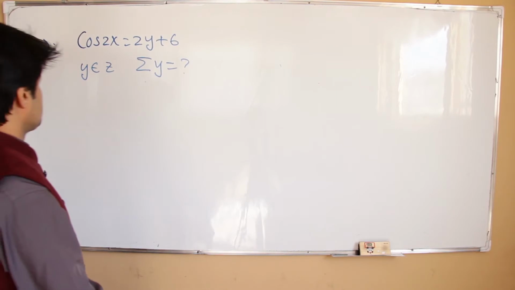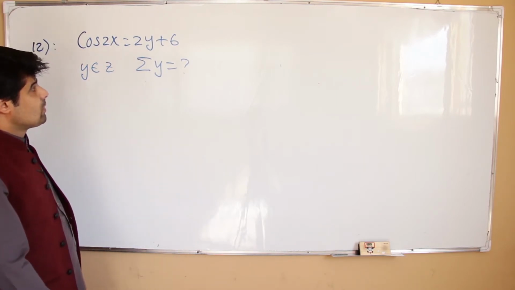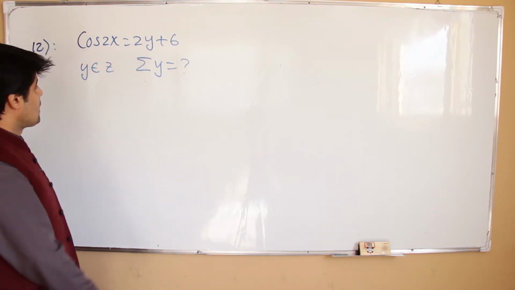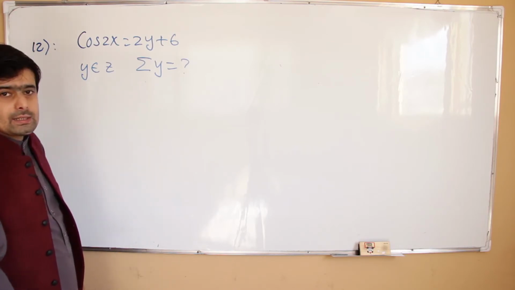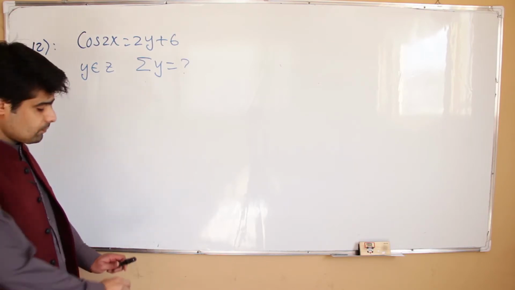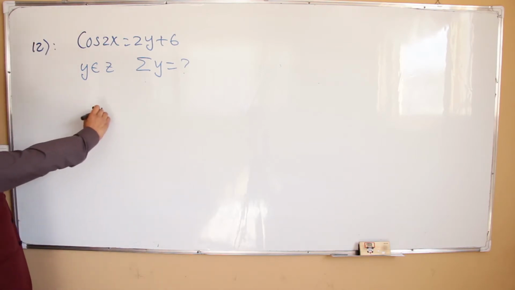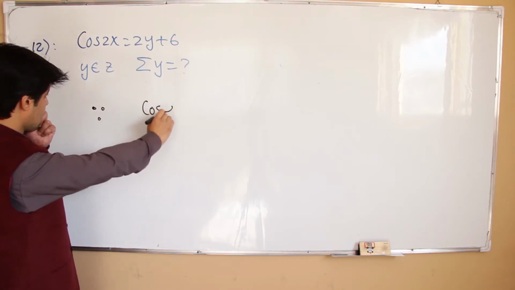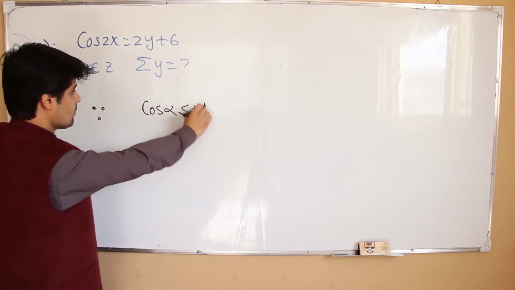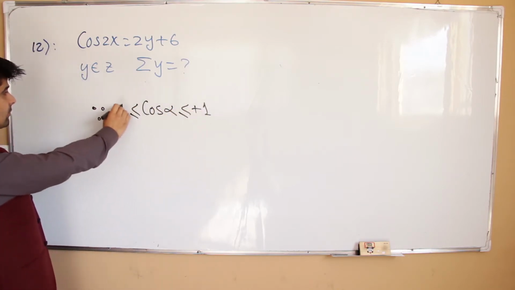Question 12. Cosine 2x is equal to 2y plus 6. y includes integer numbers. What's the summation of the y? It is the same as question 11. Now, what do we know? We know that the range for the cosine of any alpha is between positive 1 and negative 1.